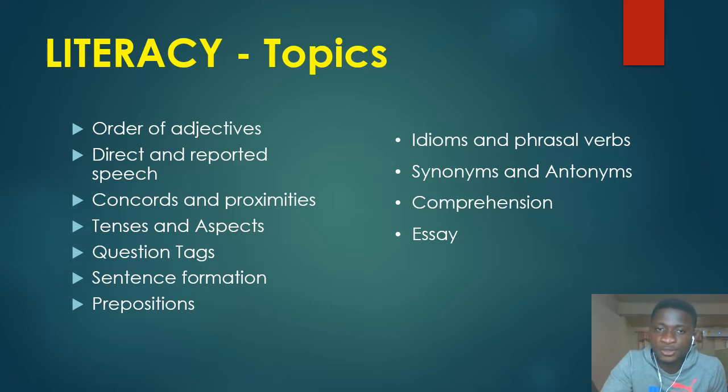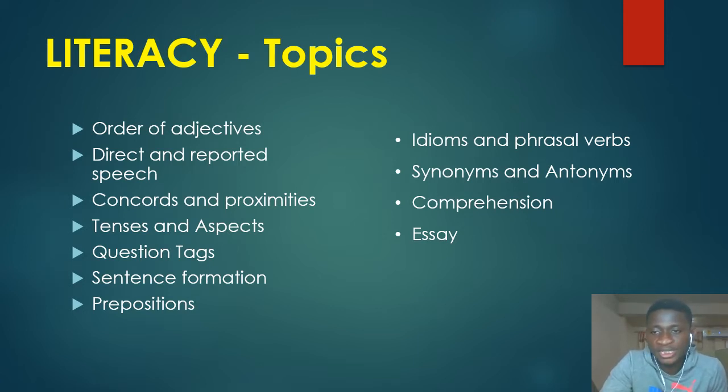We'll also focus on concords and proximities, tenses and aspects, question and answer tags, sentence formation, prepositions, idioms and phrasal verbs, synonyms and antonyms, comprehension, and then essay. I think the things on the right side are the usual everyday things that we expect in any English exam, and on the left is where you throw much emphasis.